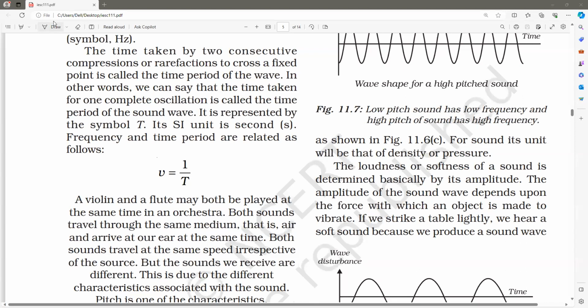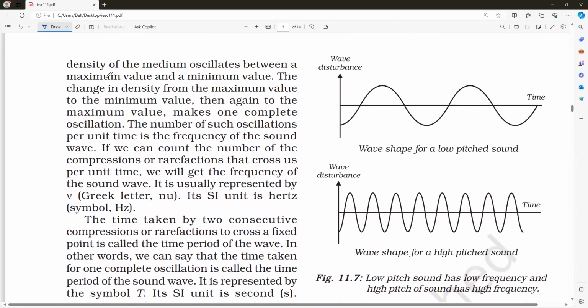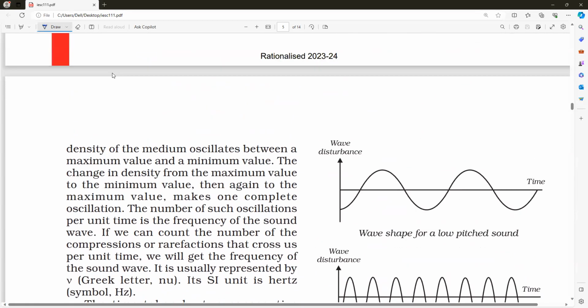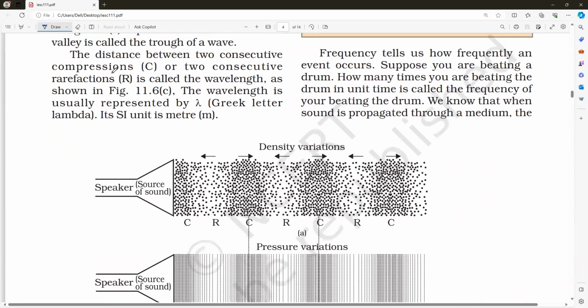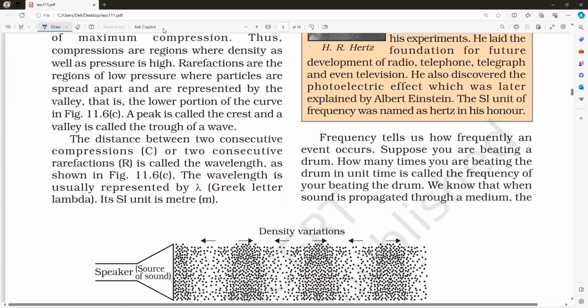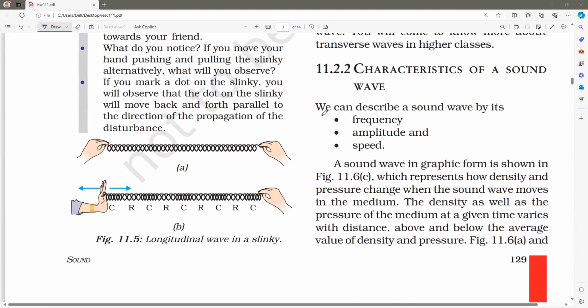You can see here, what is the symbol for frequency? That is purely your convenience. You mention it before solving it, then you can use it.